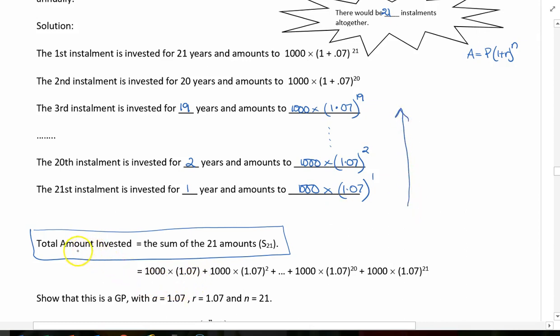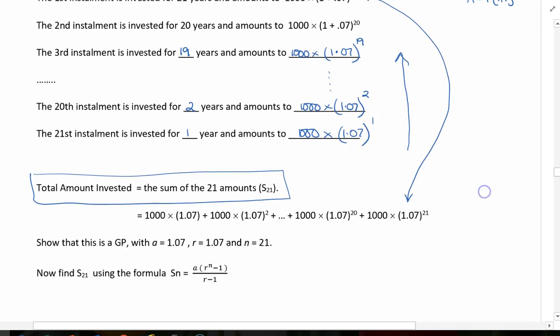So I'm saying the total amount invested would be the last, this is the very last one, it's only going to sit there for 1 year. So 1.07 to the 1 is 1.07. The second last installment sits there for 2 years. And so on and so on, and we know that the very first one is this one, and it amounts to that.